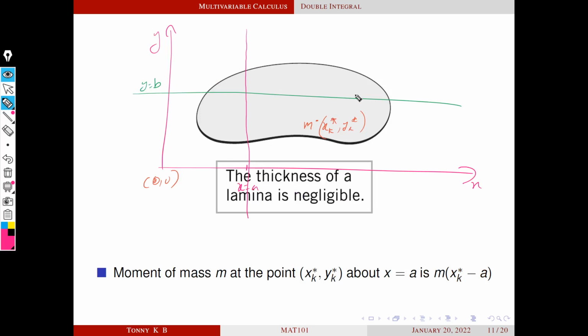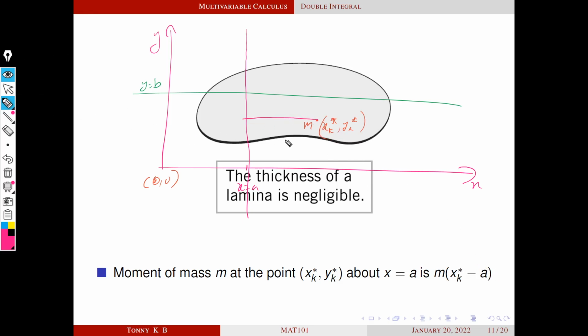Okay, consider a lamina like this, and this is our x-axis and this is y-axis. Then we assume that a point mass m is placed at the point (x_k star, y_k star), and we consider a straight line x equal to a. So we can define the moment about the axis x equal to a like this: m into this distance, that is m times (x_k star minus a), where m is the mass at this point.